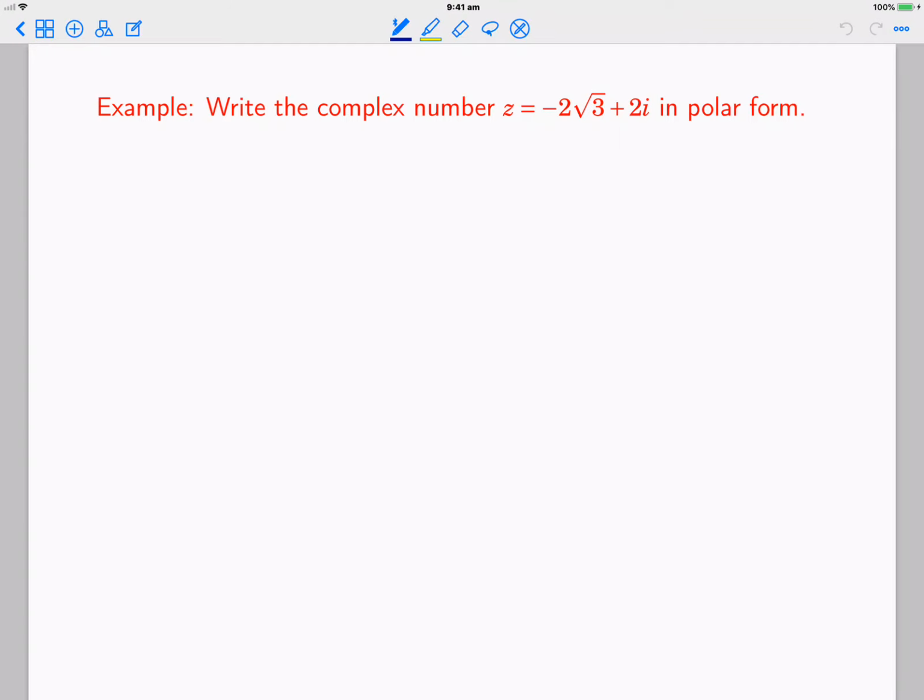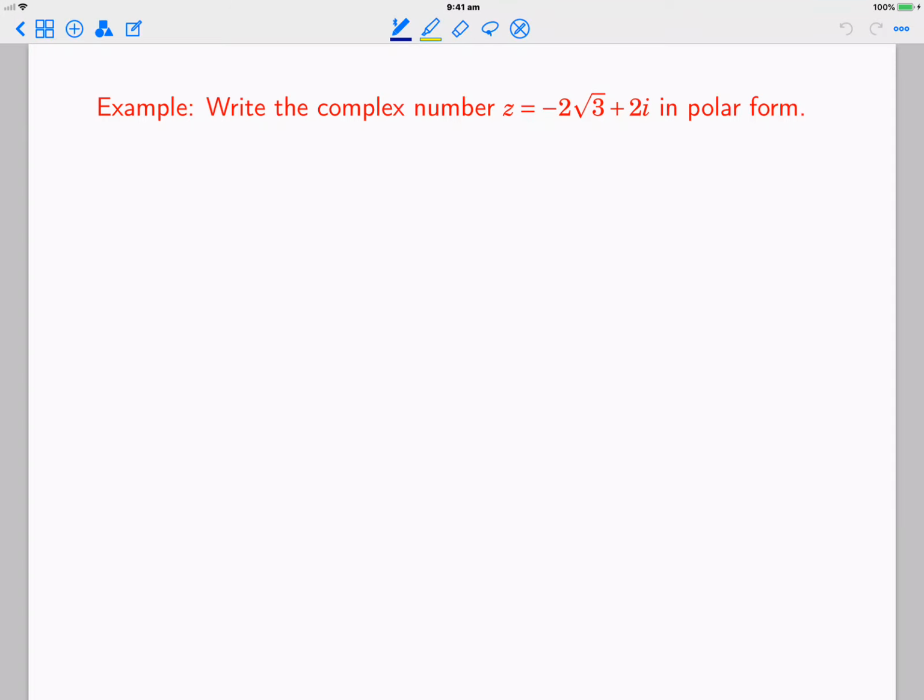Okay, so let's have a look at this example. We've got the complex number minus 2 root 3 plus 2i, and what we want to do is write this in polar form. The first thing that I recommend you do with questions like this is to draw what's happening.